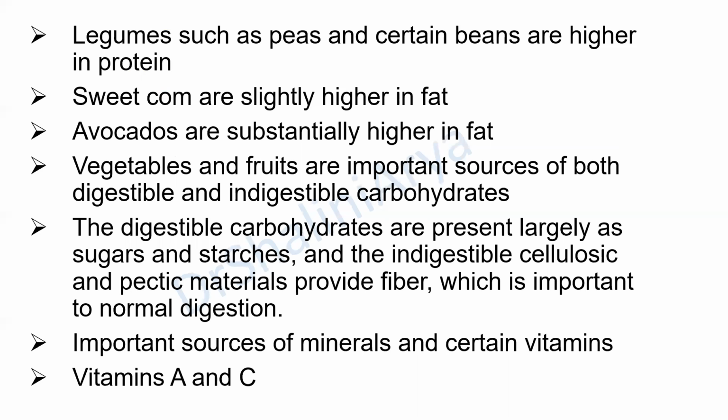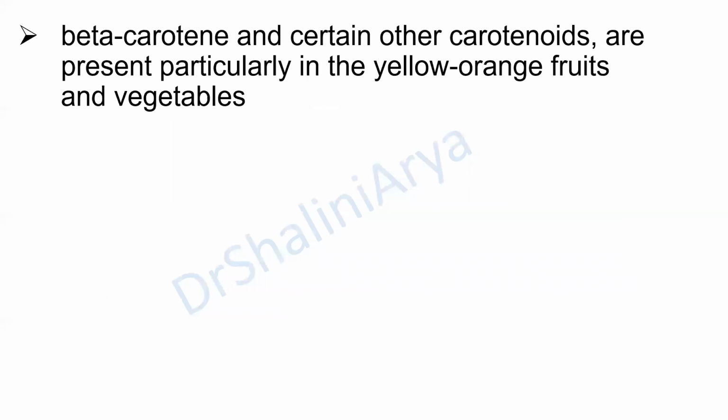They are also important sources of minerals and certain vitamins. We all know that fruits and vegetables are very good sources of vitamins, especially vitamin A and vitamin C. Further, depending upon their color and variety, they are very good sources of beta carotene.